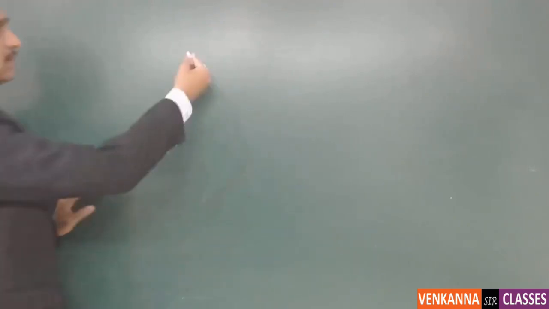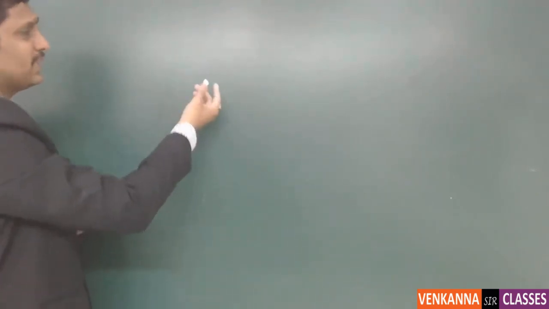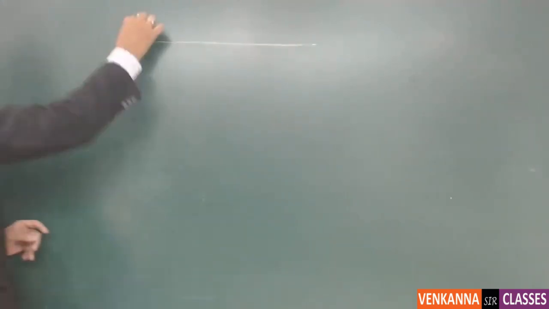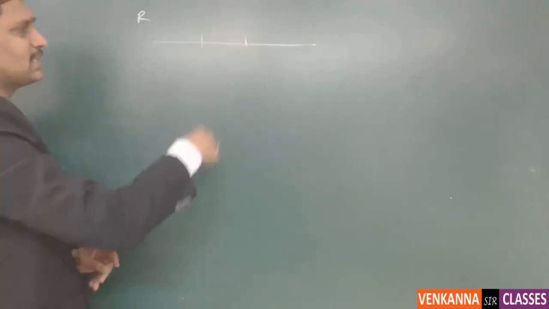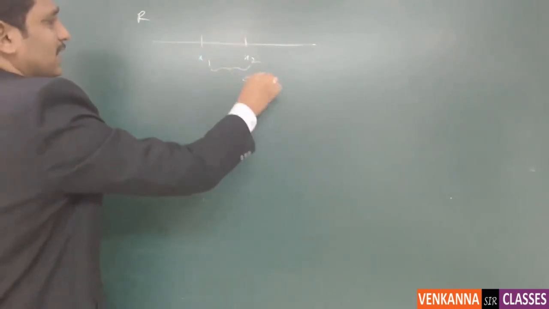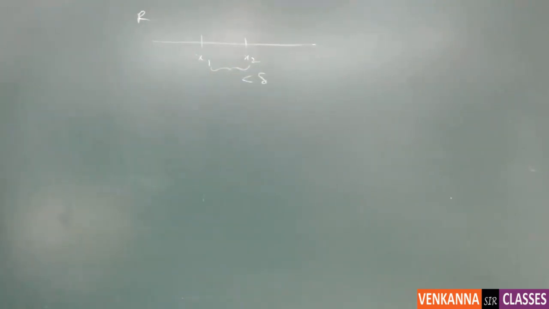However, let me finish the problem. For the other part, for the whole real line R, you choose any two points whose gap is less than delta. I am not taking any subinterval.